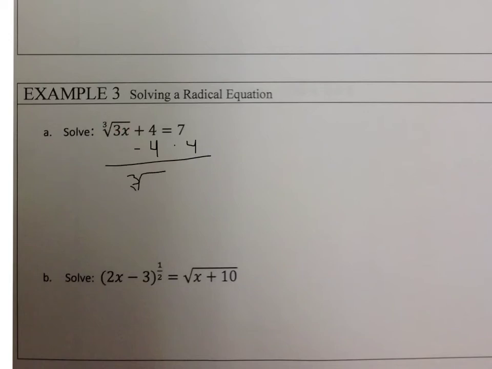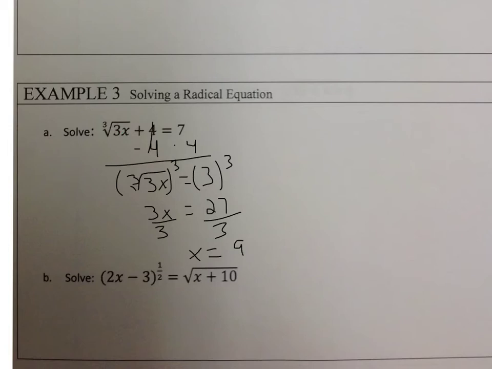You get cube root of 3x equals, the 4's cancel out, 7 minus 4 is 3. Now I can get rid of the cube root by raising it to the third power on each side. The cube root cancels with the third power, giving me 3x equals 3 to the third, which is 27. Then I divide by 3. x equals 9.